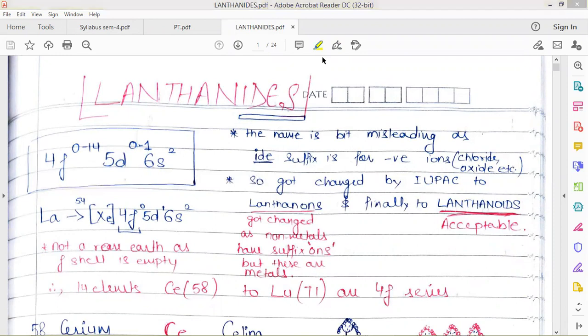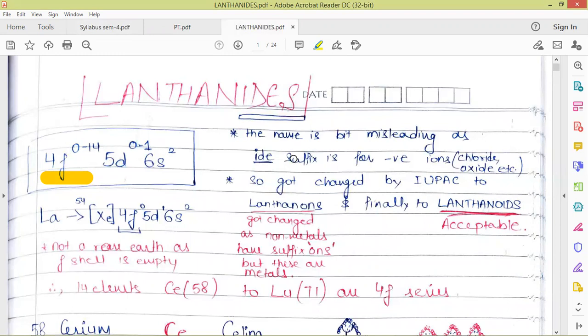Here filling of the 4f subshell takes place, and these are the 14 elements where filling of the 4f subshell, that is 0 to 14, is the electronic configuration. This is a complete general electronic configuration for lanthanides. The filling of 4f, 5d, and 6s is always complete in these lanthanides.